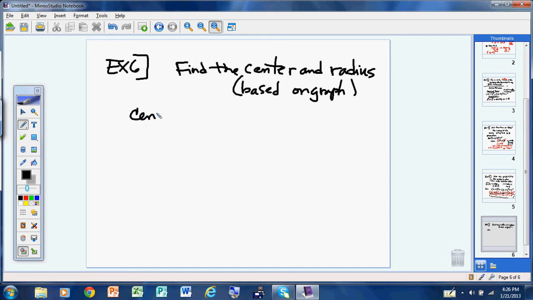So your center is a little bit interesting there. If you add the two x values together and divide by 2, you get an x value, which is your h, 2.5. And then you get a y value of 5, which in this case for a circle is the k value. And your radius is equal to the decimal value 1.5.